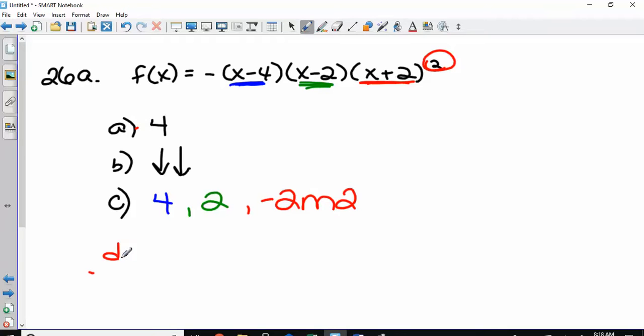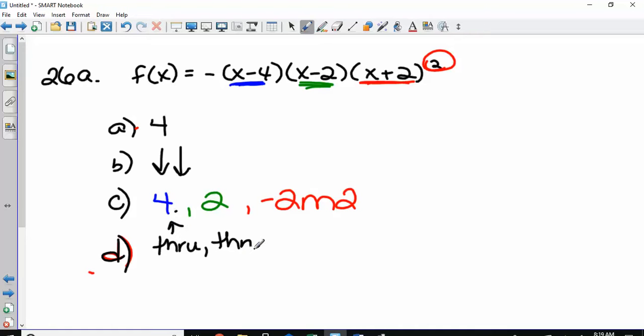Okay, now we decide if we bounce or go through. That is based off the multiplicity. Even multiplicity would bounce, odd multiplicity goes through. This is multiplicity, not the number itself. If I don't have multiplicity written, it's 1, and 1 is odd. So we will go through at 4.